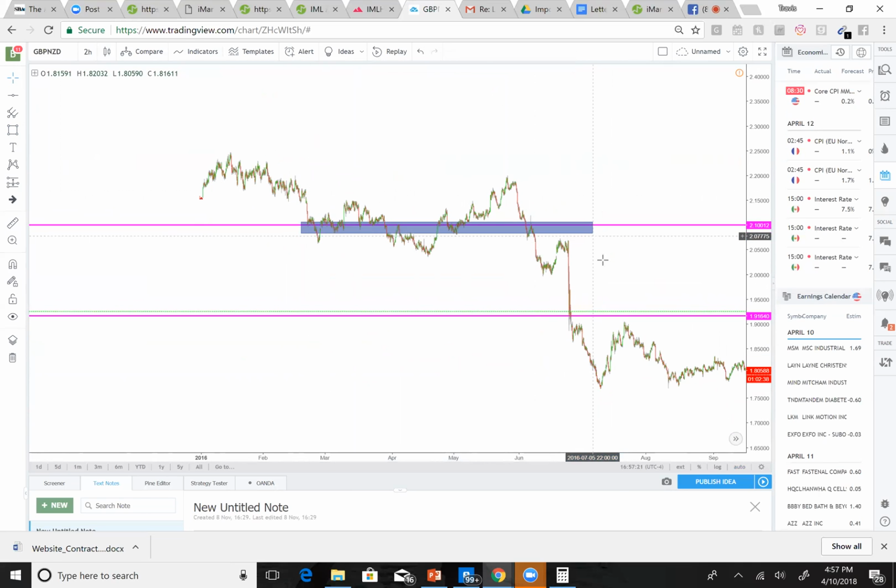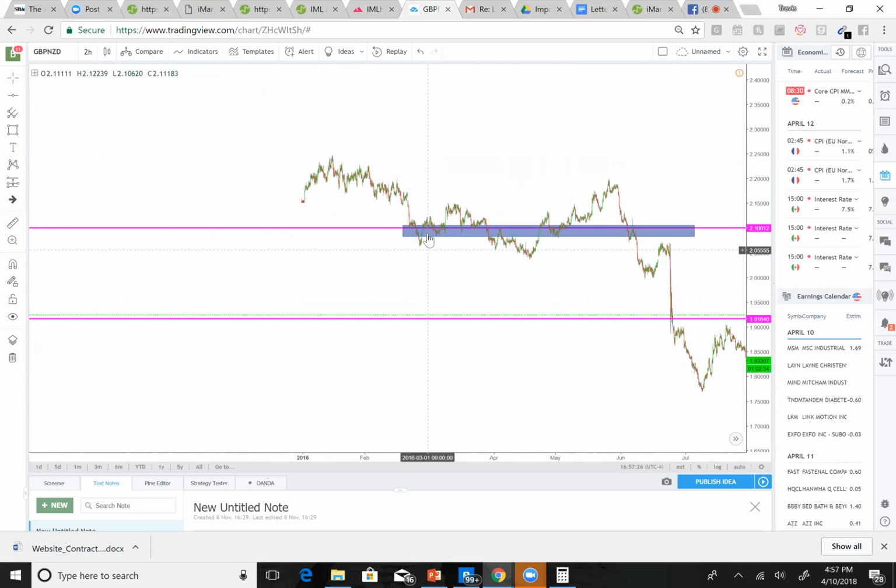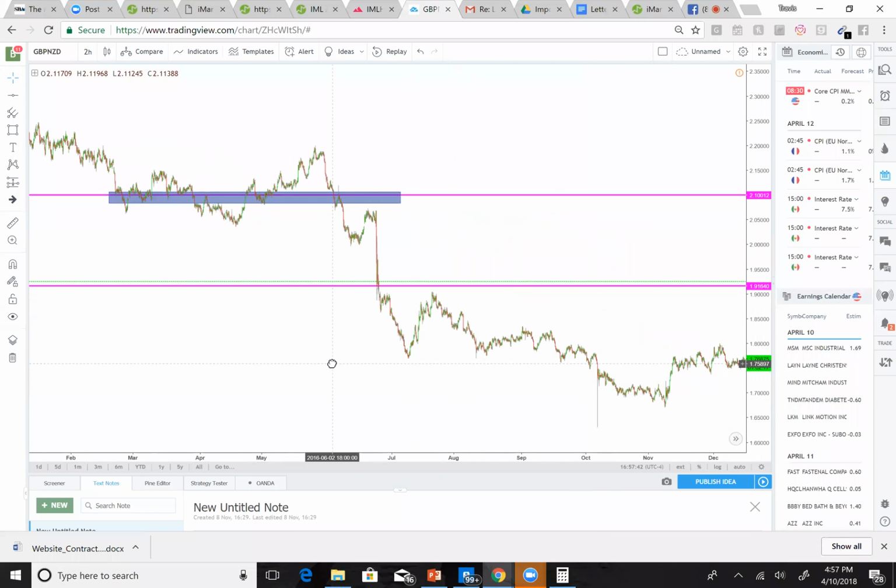Bam, I found my zone. This is my zone. So as I go look, it's testing in my zone multiple times. It finally broke my zone. This really came back up to retest the zone, that resistance, and then it just dropped.